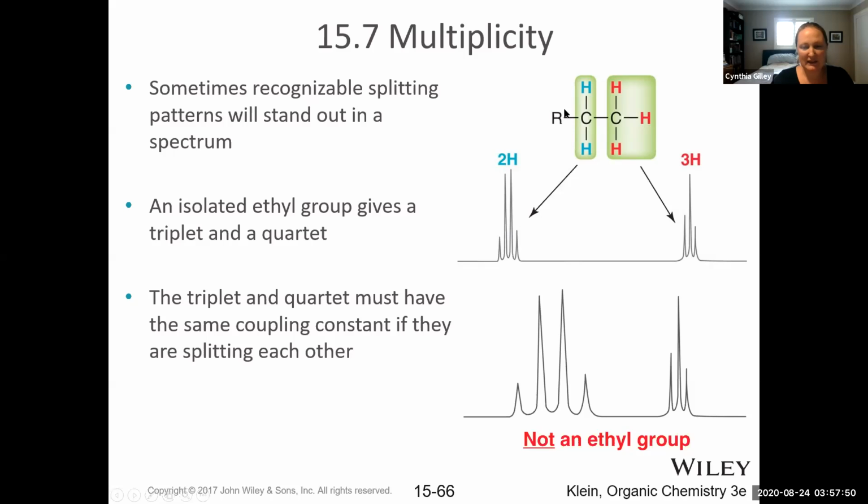Okay, remember that the coupling constant, or the distance between the peaks, that J value, has to be the same in each signal for them to potentially be neighbors. So if this is your quartet, that is definitely not the neighbor of this triplet, because the distance between those peaks is very different.